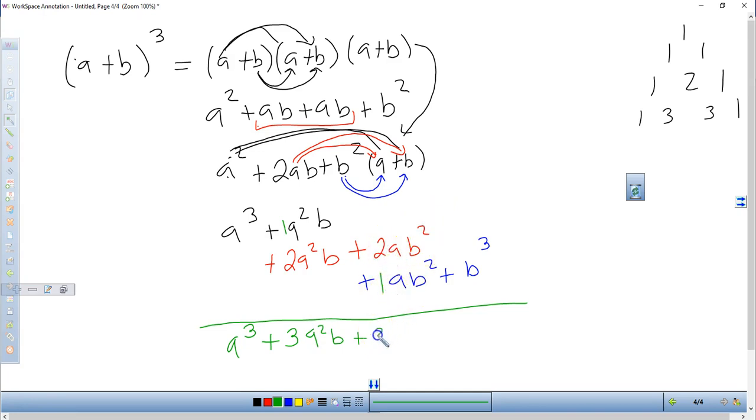Well, 2 plus 1, that makes 3 of those. And there's nothing to add with b cubed, so we just leave it as it is. And this would be our polynomial that we would expand. Now, this, just in my opinion, all this up here, that's a lot of work.